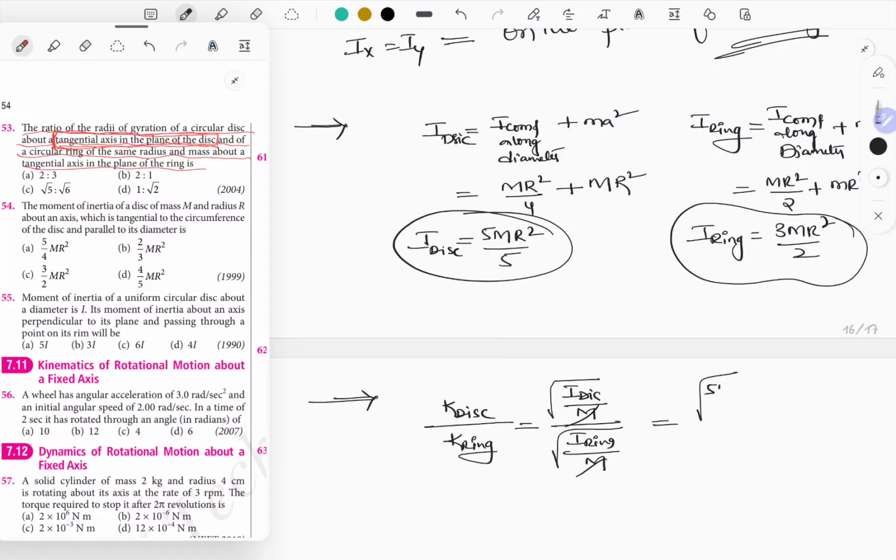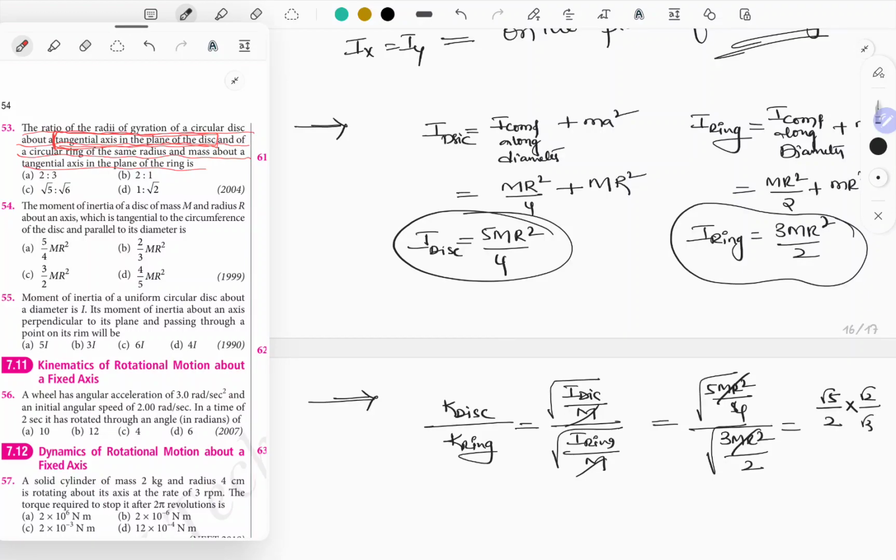Then root of 5 mr square by 4, divided by root of 3 mr square by 2. mr square will get cancelled. Root 5 by 2 into root 2 by root 3 will be there, right?